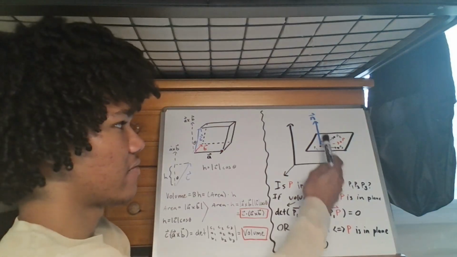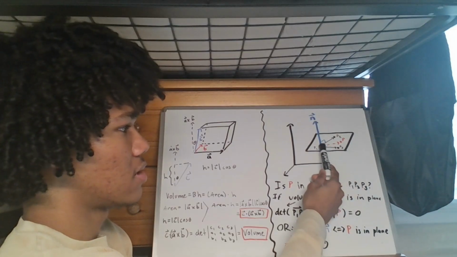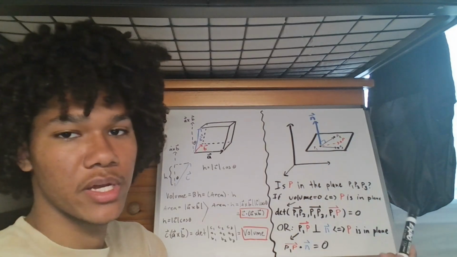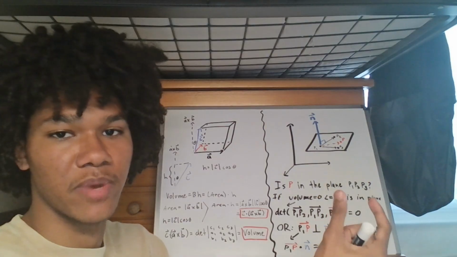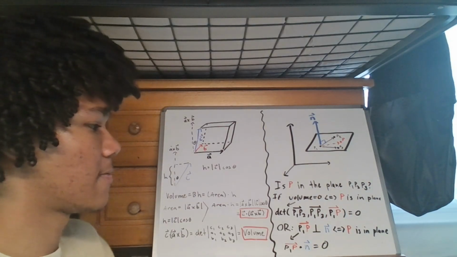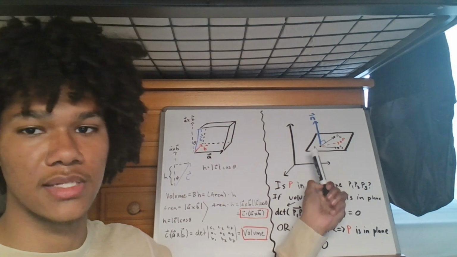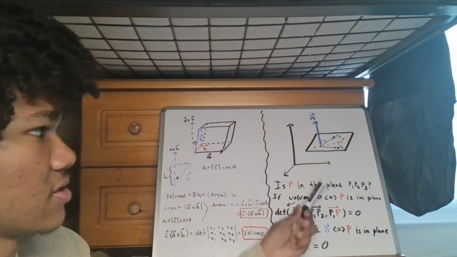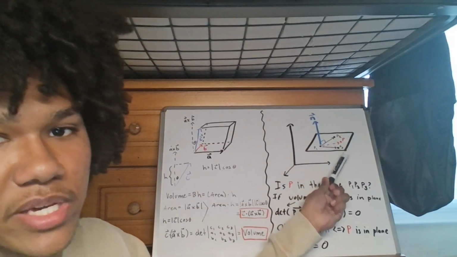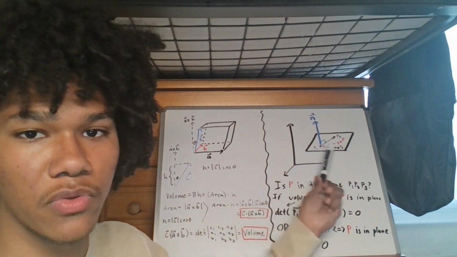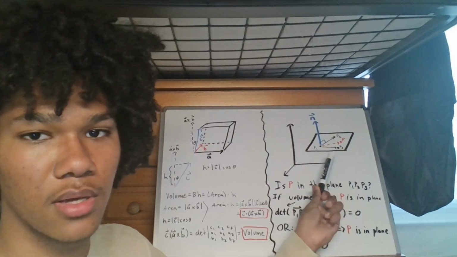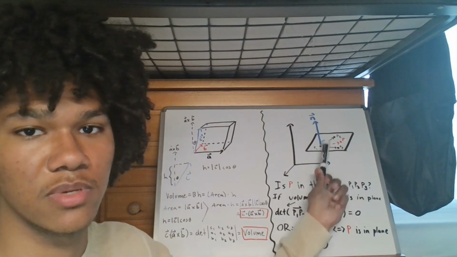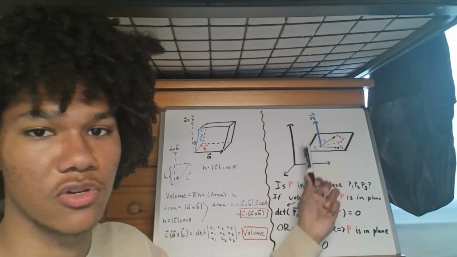That means if we have the normal vector, then any vector that is determined by 2 points on the plane is going to be perpendicular to this normal vector. So, for instance, P1 and P3 are points that are on the plane, and that vector is perpendicular to the normal vector.